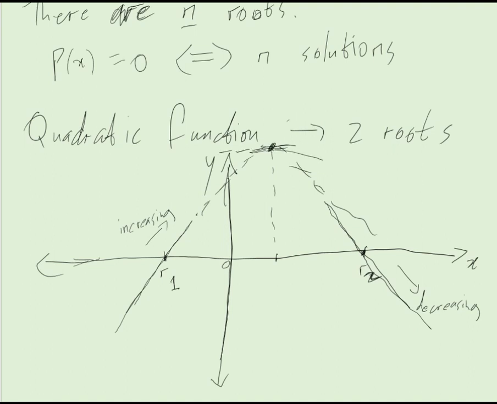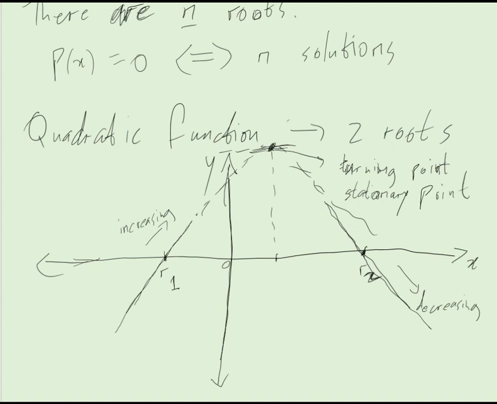That point we often call the turning point. I'm writing quite untidily, I don't know what's going on here. Turning point. And more generally, it will be a stationary point.